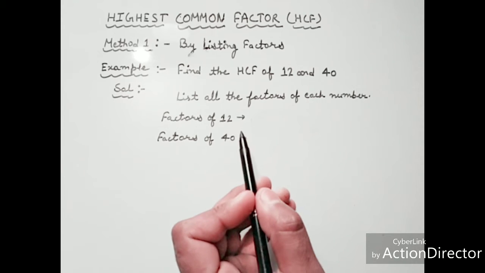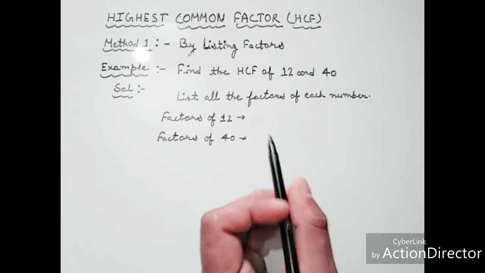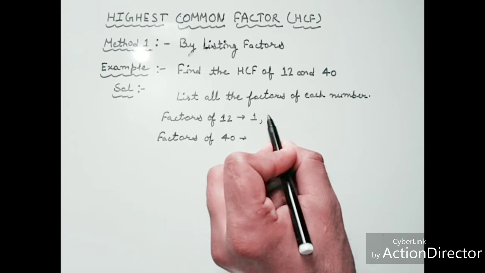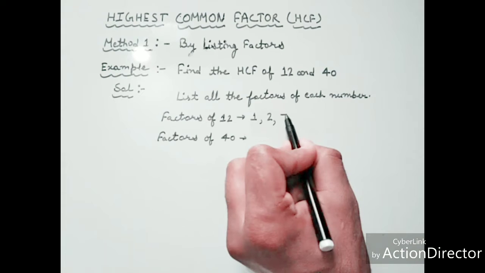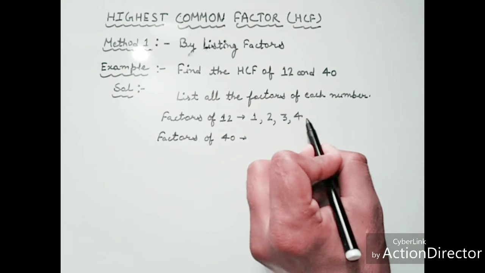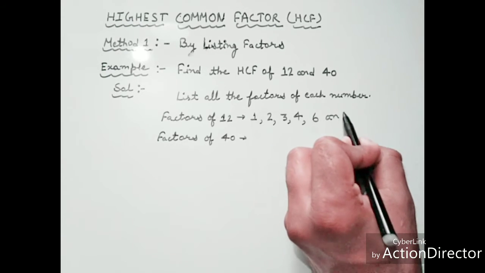Factors are those numbers which divide this number without any remainder. So the first number 1, 2, 3, 4, 6 and 12.